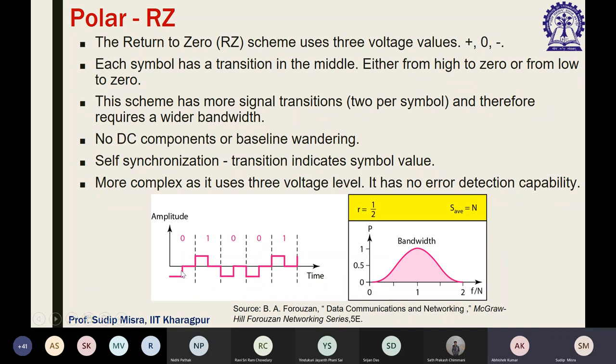So you see that, when a zero is encountered, it lands to zero, minus V to zero. One is encountered, plus V to zero. Again, zero is encountered, minus V to zero. Zero is encountered, minus V to zero. One is encountered, plus V to zero.